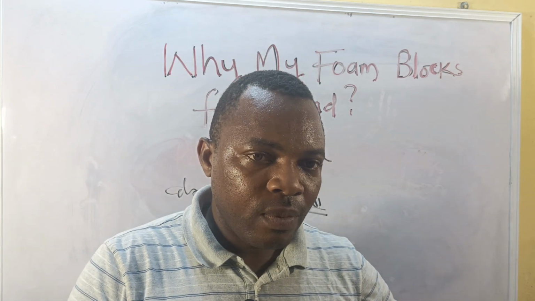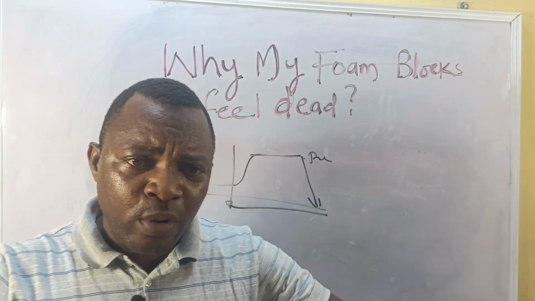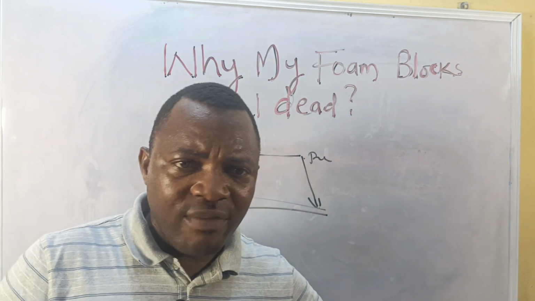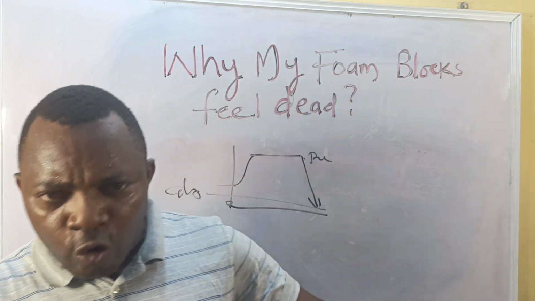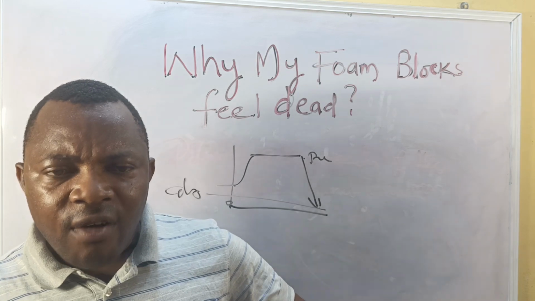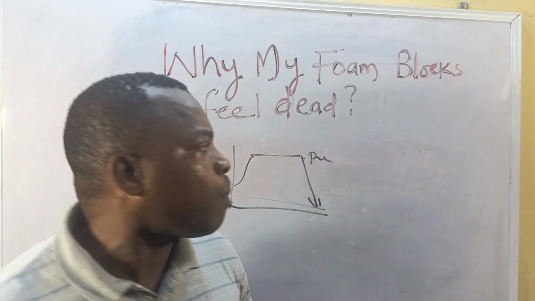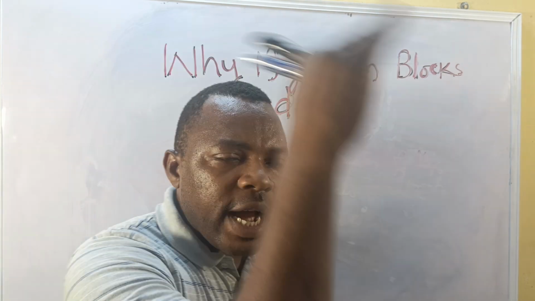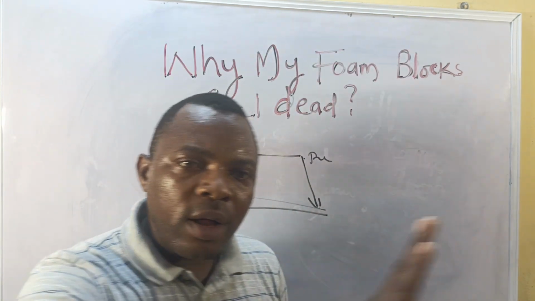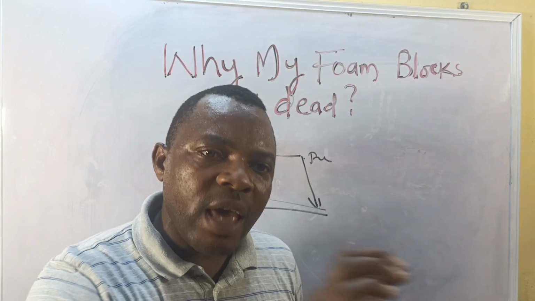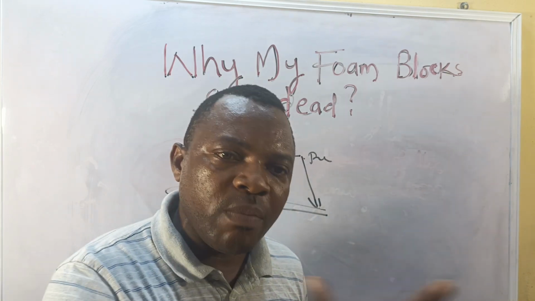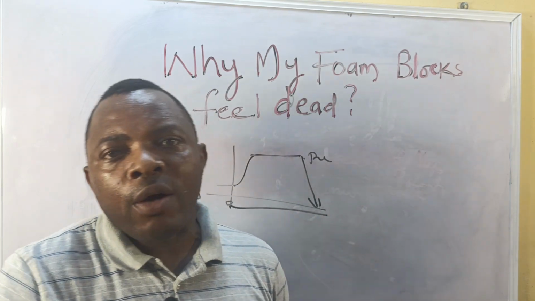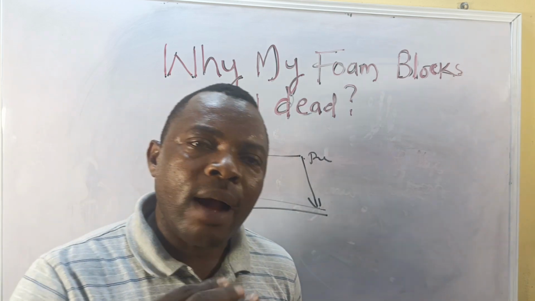If you intend to produce 5 blocks, the first block you may not have right. The second block you may still come down. So by the third or final block you should be able to balance it. But for a continuous plant, you need to check at the cutoff, touch the block, press it, and see the behavior. We call it unfilled behavior. See how the foam is, then go back to your foaming plant and correct it.